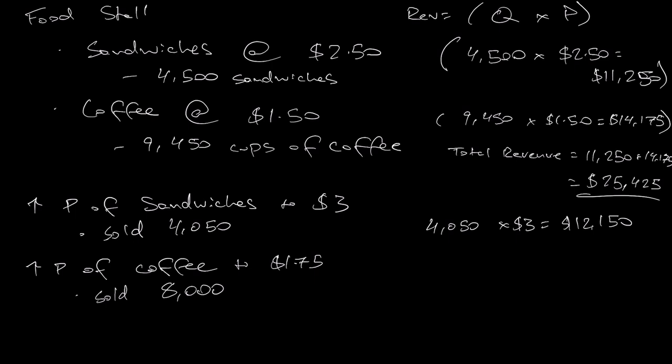Even though the quantity has decreased, the price has meant that revenue has gone up. Let's look now at the actual change to coffee. So coffee, we've seen a decrease in quantity to 8,000, but that increase in price to $1.75 gives us a new revenue of $14,000, which is a decrease on the previous month.